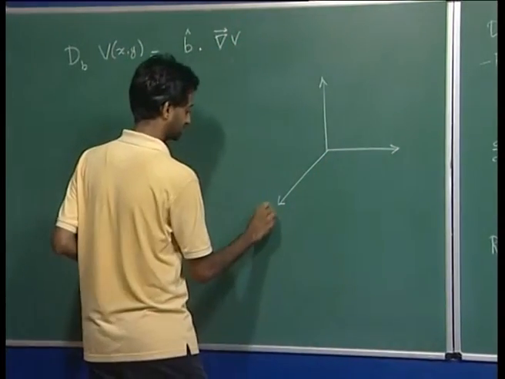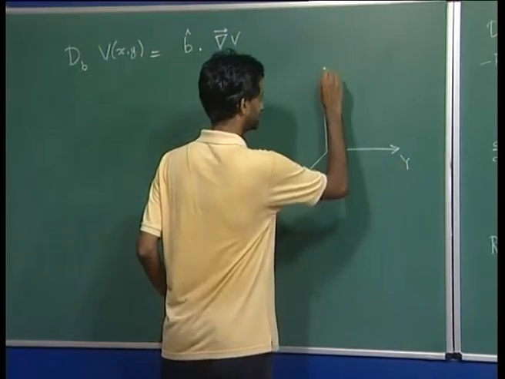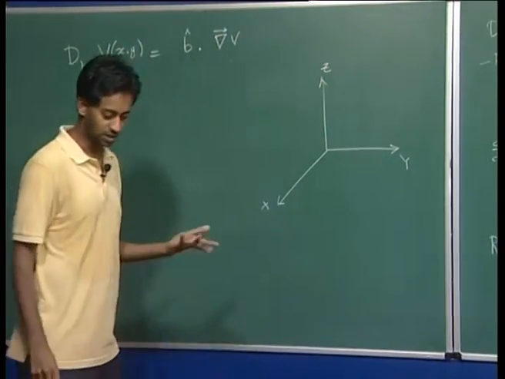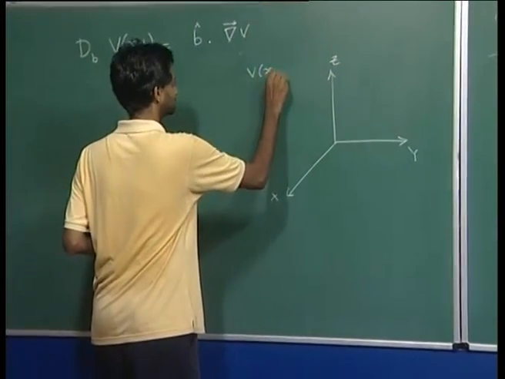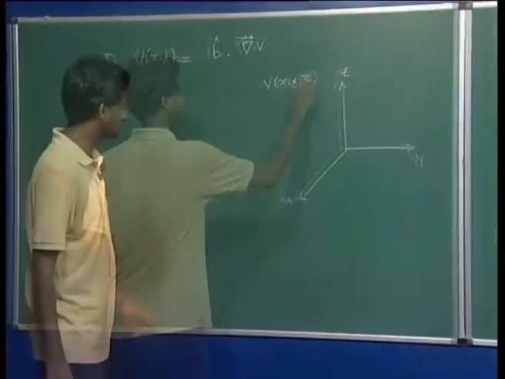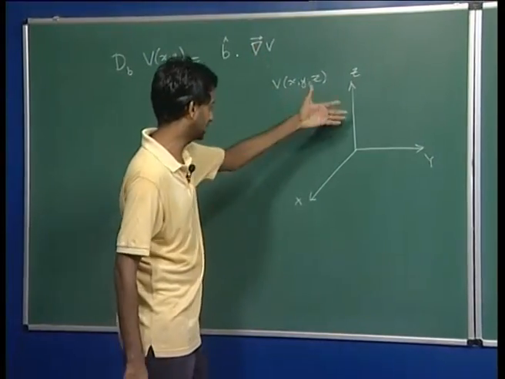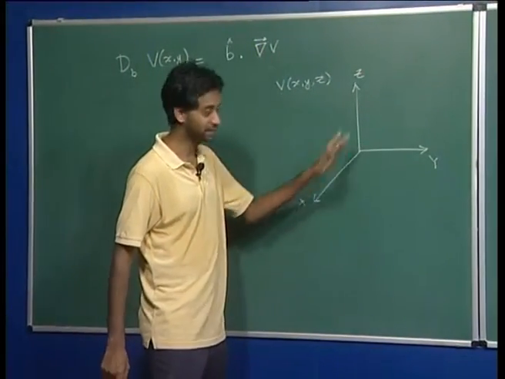So, suppose I had a function of x, y, z. Now, suppose I had a function V of x, y, z. V of x, y, z, I cannot show it on this plot because I have only 3 axes.